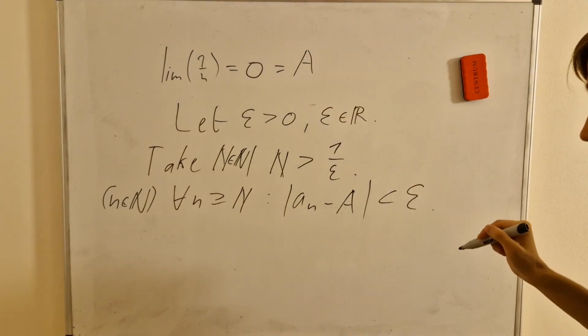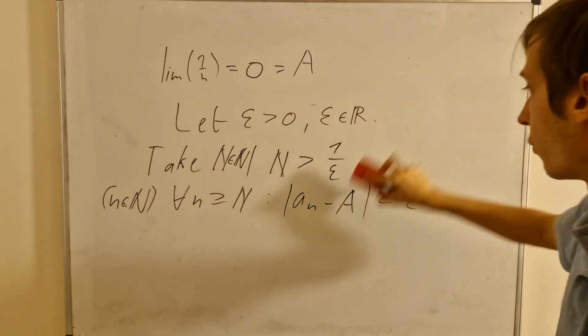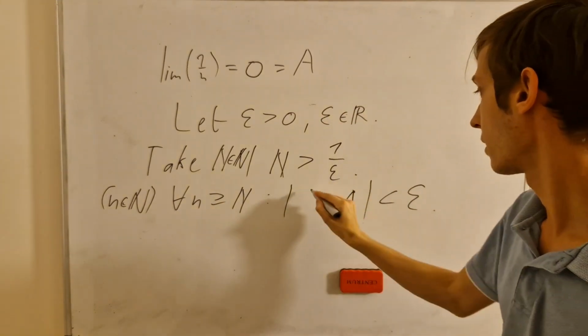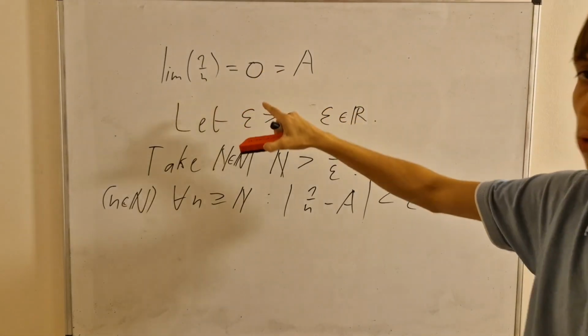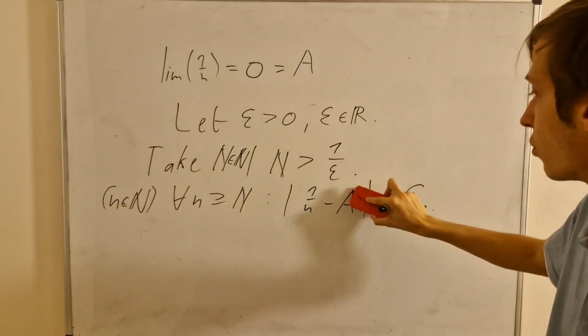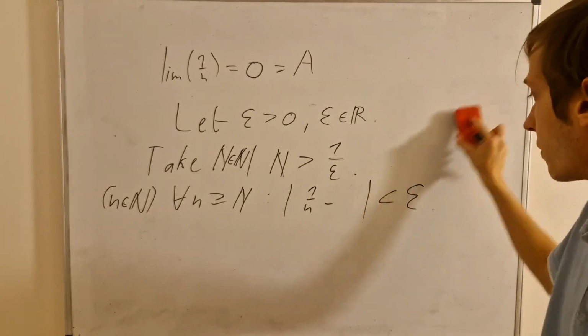In this case, we're talking about 1 over n, and the value it's supposed to converge to is 0. So let's see if that works out.